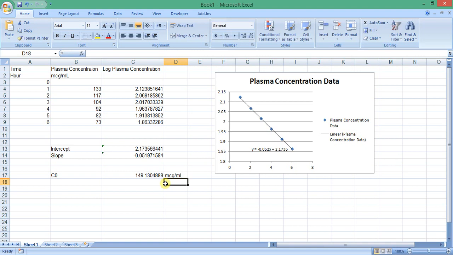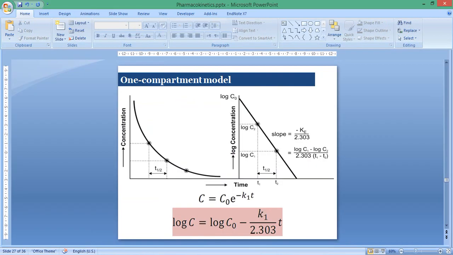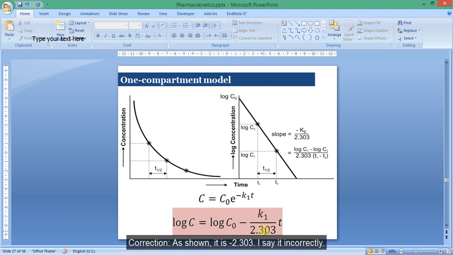Next, we will calculate the elimination rate constant. As explained earlier, the slope equals the elimination rate constant divided by minus 2.303.